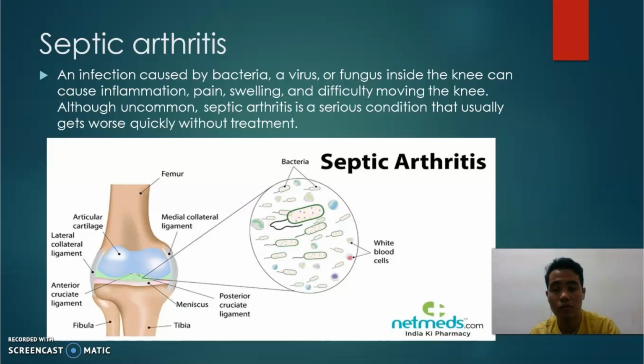So when we get septic arthritis, we need to go for treatment quickly, because this may affect the long term. So you can see the bacteria in the synovial fluid that affected the knee.